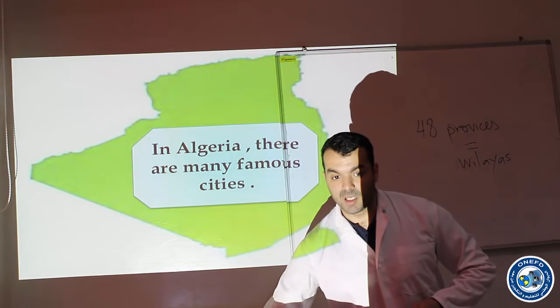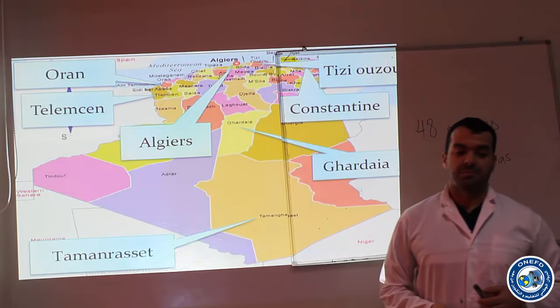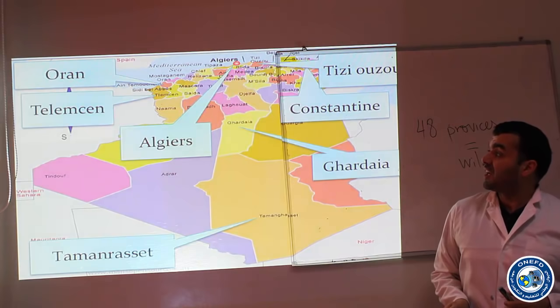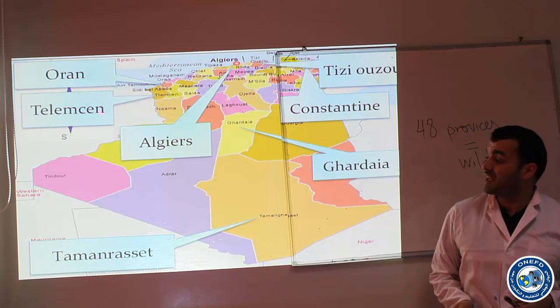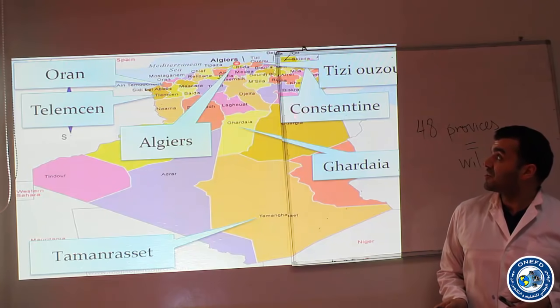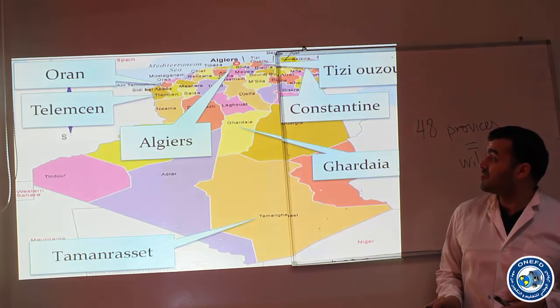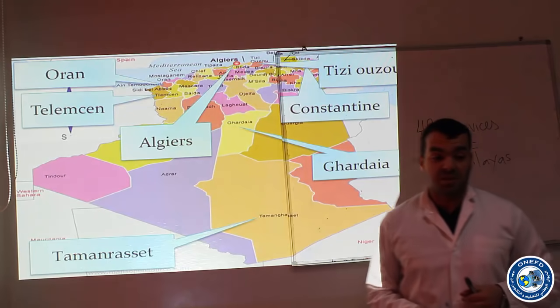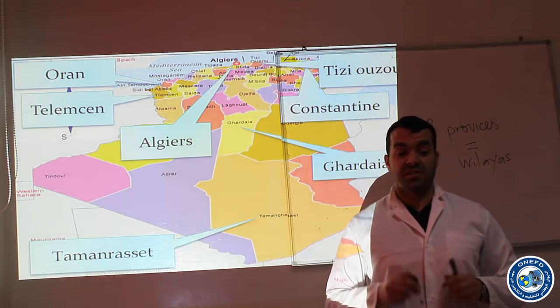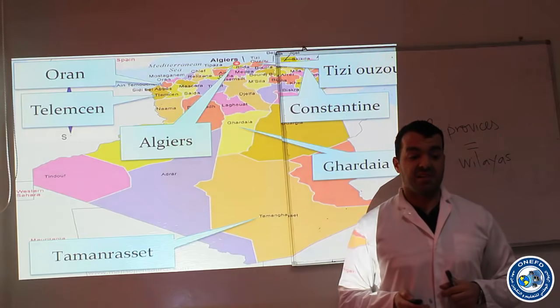I will show you some examples: Algiers, Oran, Tlemcen, Tamanrasset, Constantine, Tizi Ouzou, Adrar, etc. We are going to see all these provinces in detail later on.